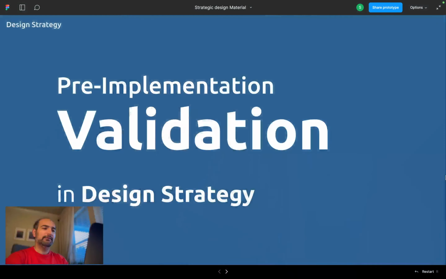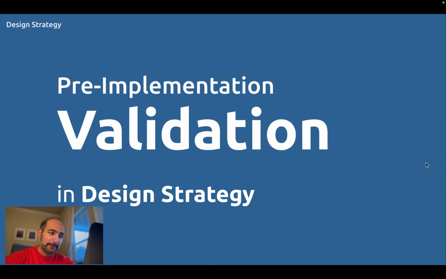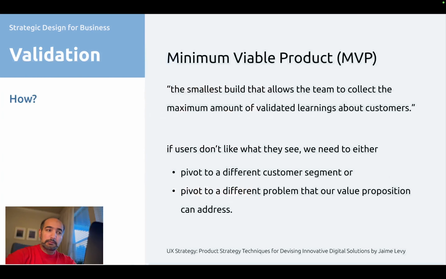That's why we have this idea of minimum viable product. A minimum viable product is the smallest build that allows the team to collect the maximum amount of validation learning about customers. You have the idea, you thought about tons of features that could change everything, that users could enjoy using.